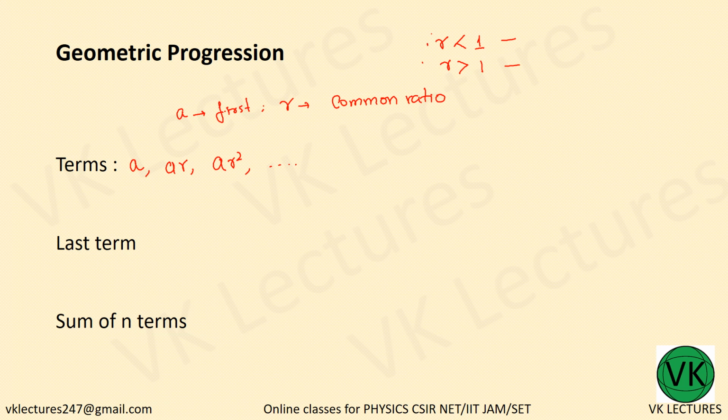Now this geometric progression is an infinite series, while arithmetic progression is finite. Arithmetic progression is always a finite series. Why? Because there must be some end to the arithmetic progression, but here there need not be an end.